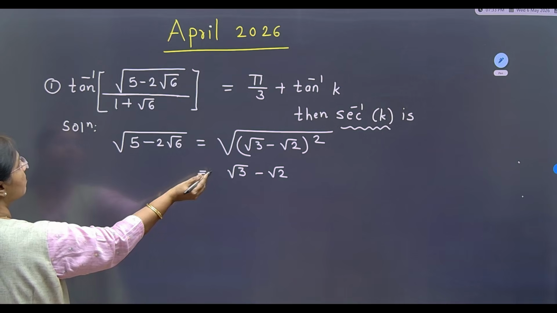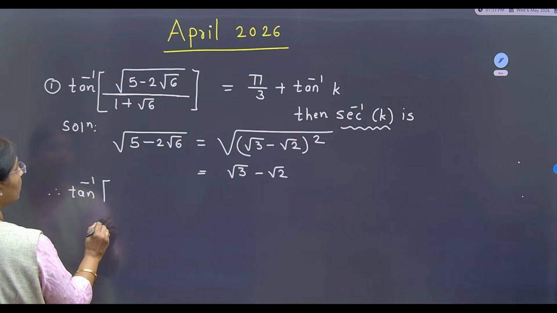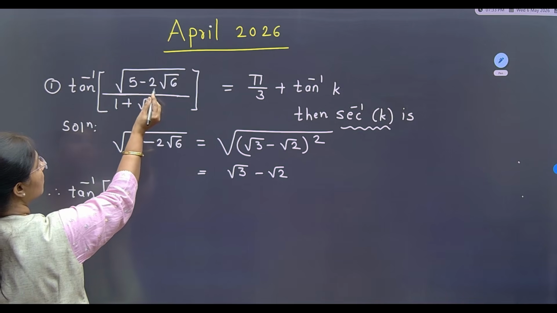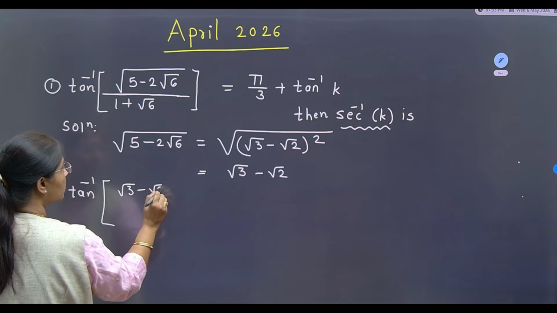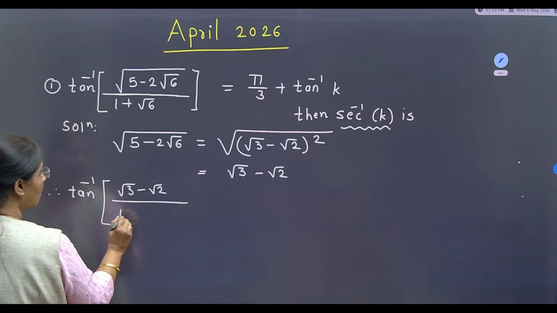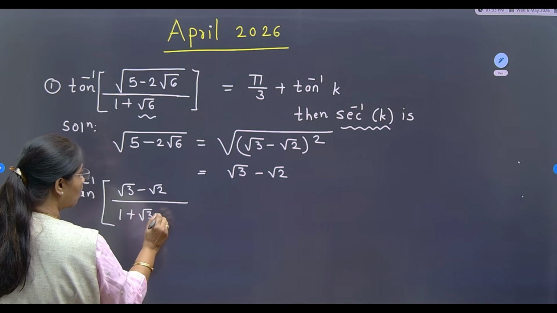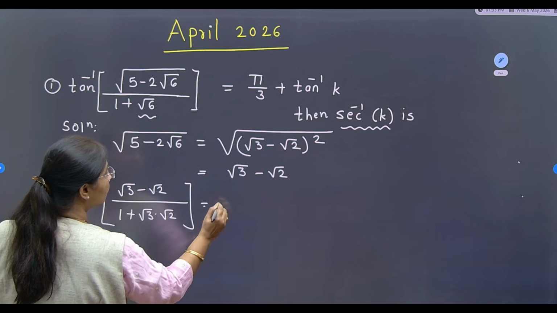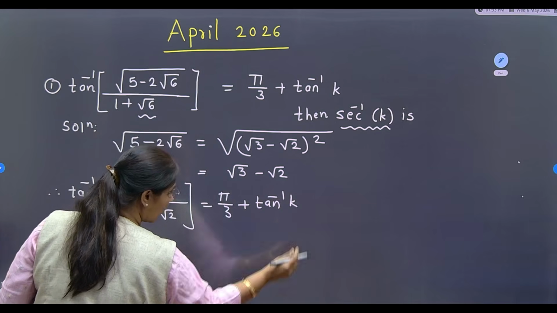Then using this value on the left side, we get tan inverse of (root 3 minus root 2) divided by (1 plus root 6), where root 6 is root 3 into root 2, equals pi by 3 plus tan inverse of k as it is.